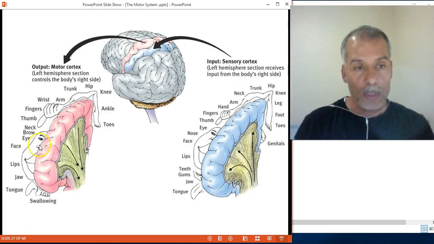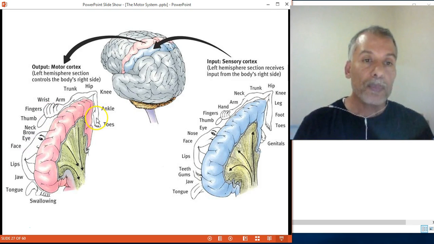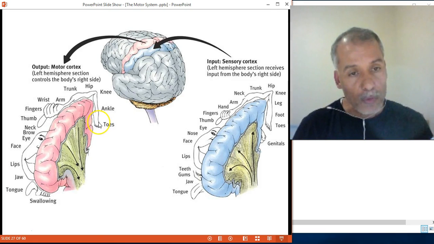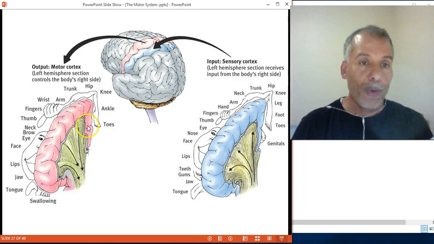Again, across from it directly, you are going to have, as you see, the motor homunculus that shows you what part here connects with what part of the body so that it can move it. You can think as if it is almost like a switch here. Once it is pushed, then that toe is going to move.